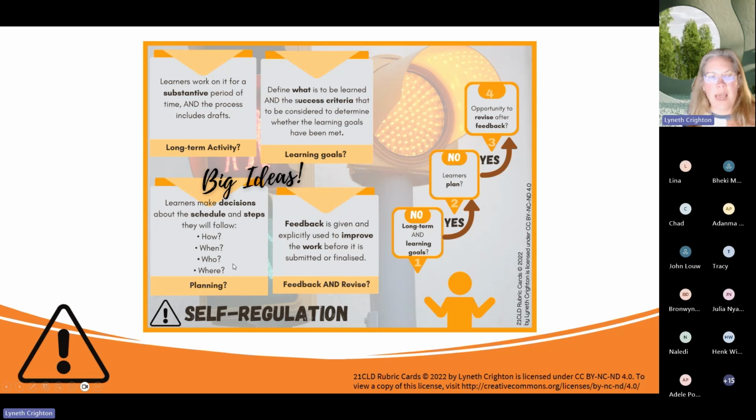Then they have to plan who, how, when, where, and they have to talk about a schedule, to make decisions about the steps that they're going to follow. And then lastly, part of the project process must be that there is feedback given, and then the students have a chance to revise their work before it's finally submitted.